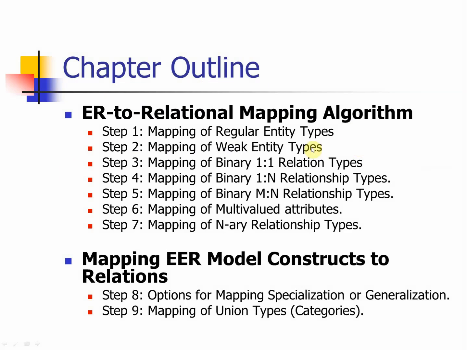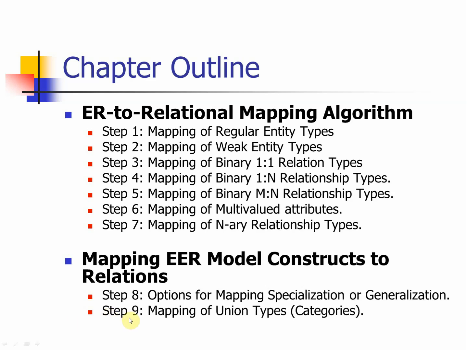In order to convert from ER diagram to relational schema diagram, we need to learn 7 different steps of doing that. When it comes to EER diagram, since there are 2 additional concepts, including the superclass and subclass concept, that is included in step number 8, and the concept of the union, which provides the OR concept, that goes to step number 9.